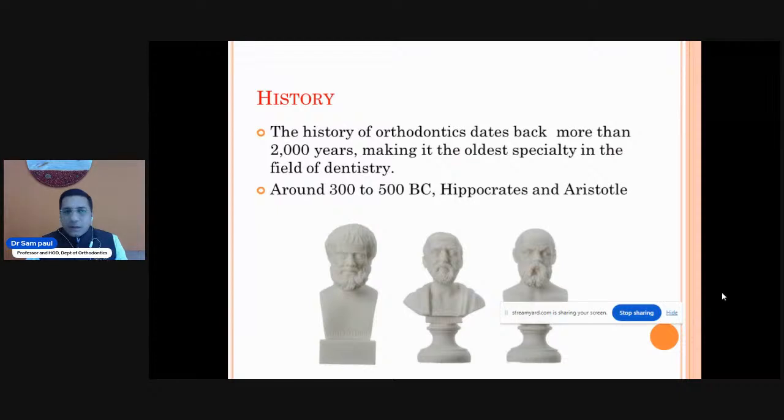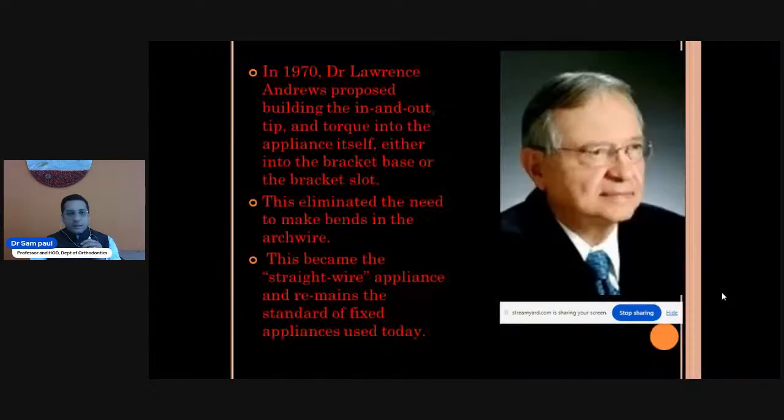A little bit about the history. The history of orthodontics dates back more than 2000 years, when Hippocrates and Aristotle reflected on different ways to straighten the teeth and address various other dental conditions. It was Dr. Lawrence Andrews in 1970 who proposed building the in and out, tip and torque into the appliance.